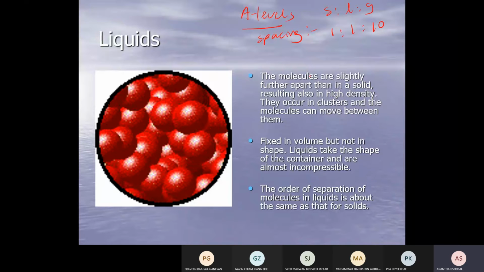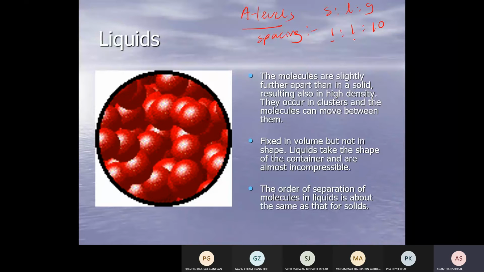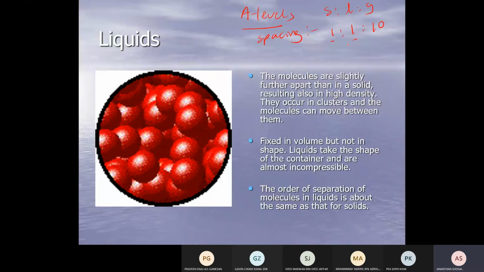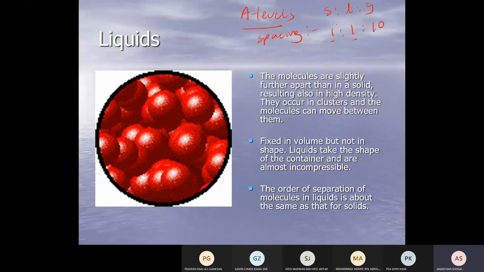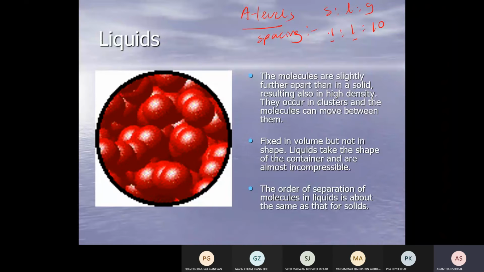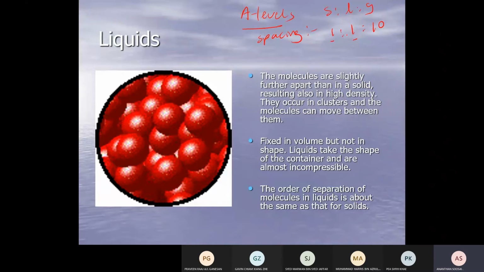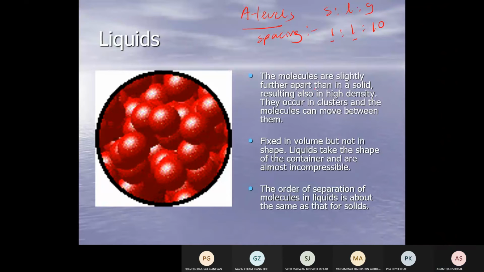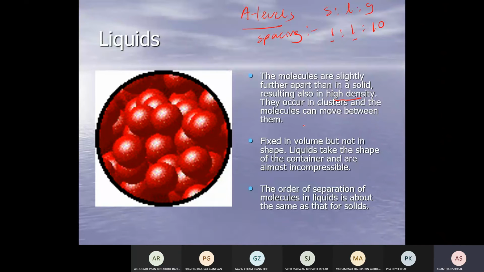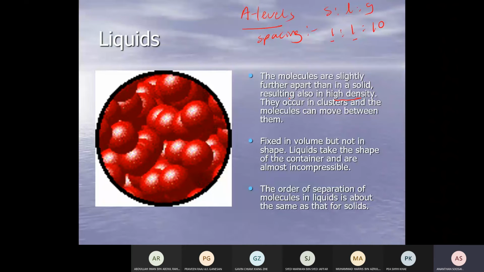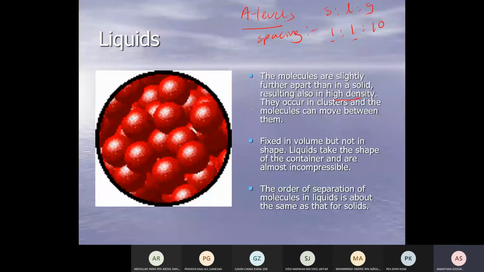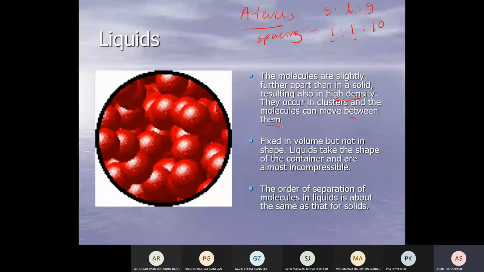Let's remember. The spacing between solid and liquid is still 1, 1. So that means not much of a difference. Still as a high density. They occur in a cluster and the molecules can move between them, like in a cluster.